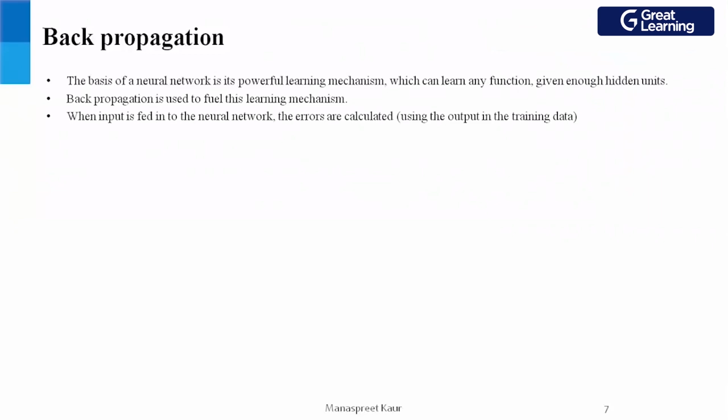Okay. So like I told you earlier also, when an input is fed to the neural network, that is when the input variables are fed into the neural network, some weights will be applied to the input that is coming. Some bias will be applied in addition to the input that is coming, and finally that data will go to the hidden layer.